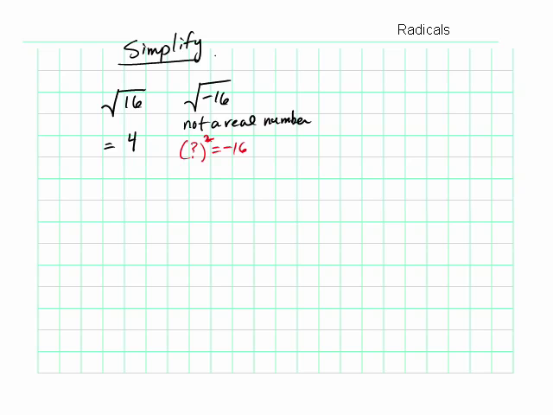For instance, if I want the fourth root of negative 81, what number can we think of that when we raise it to the fourth power will give us negative 81? There's no real number that does that. So this is also not a real number. So in general, what we have is this.